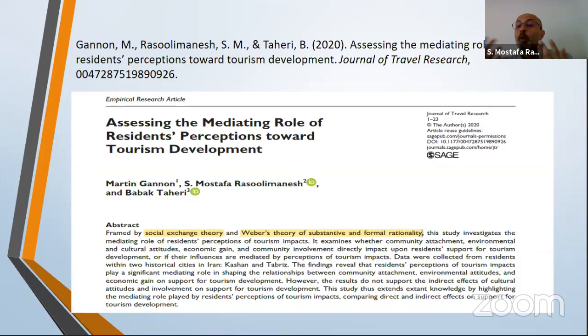And for developing our hypothesis, all types of hypothesis, including direct effect or mediation or moderator, we need support from two parts. We need support from theory and we need support from previous empirical study. So we have to develop our theoretical framework, meaning the theory that we apply to support our hypothesis. And also we need to support our hypothesis based on previous empirical study.